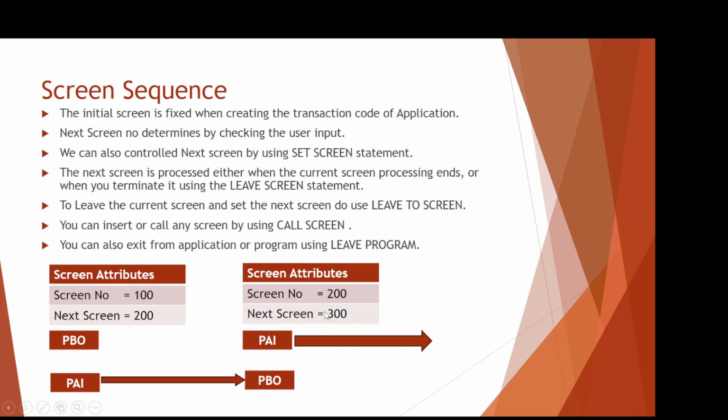Both screens will be managed by using the PAI event, which is the most important event, process after input event of module pool programming, as we discussed in my previous video. If you have not watched that video yet, do watch it and also understand the screen behaviors.